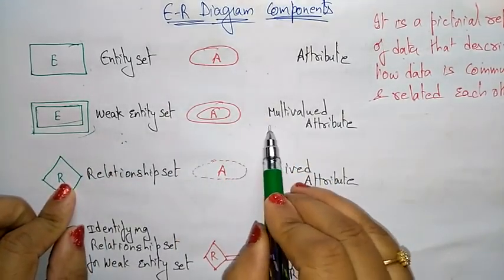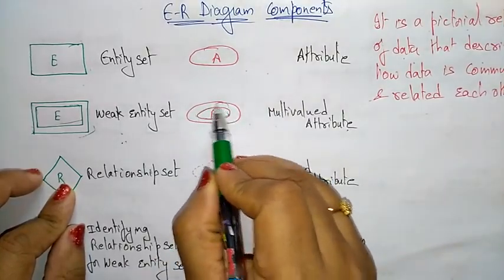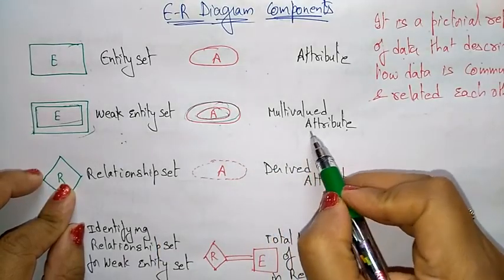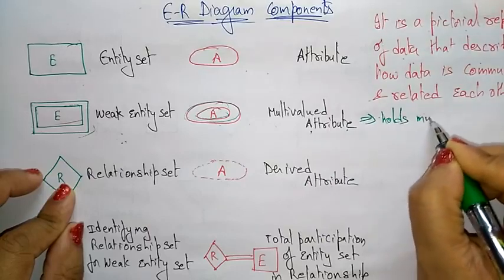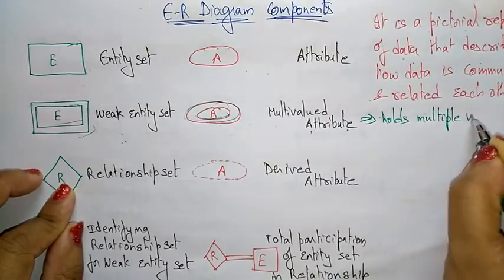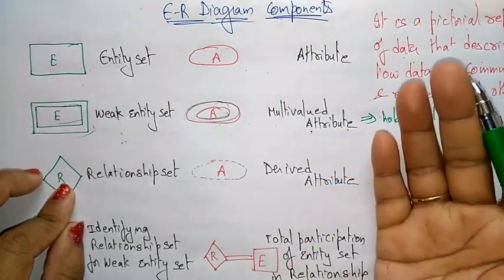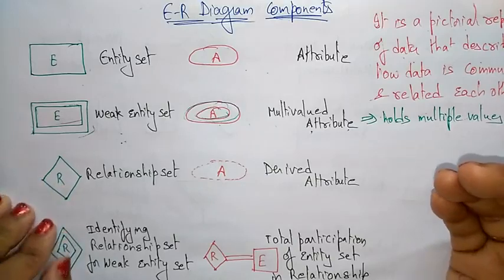For multi-valued attributes, I already explained this, a double oval shape is used. Multi-valued attributes means it can hold multiple values. The example for multi-valued attributes is phone numbers: a single person can have more than one phone number.